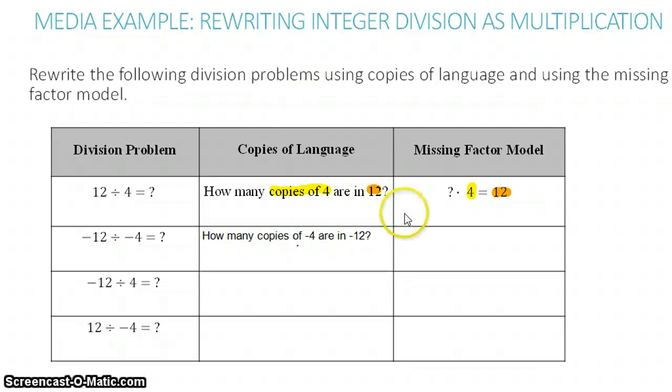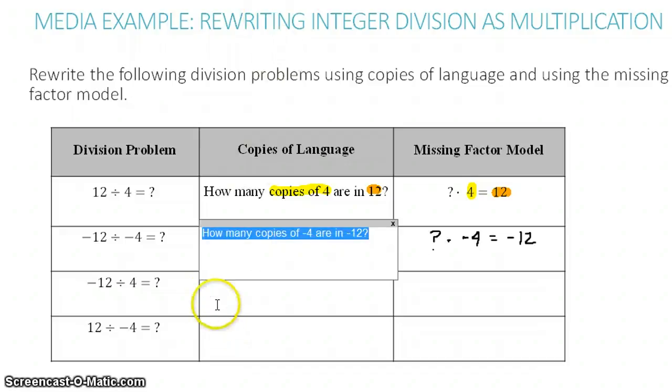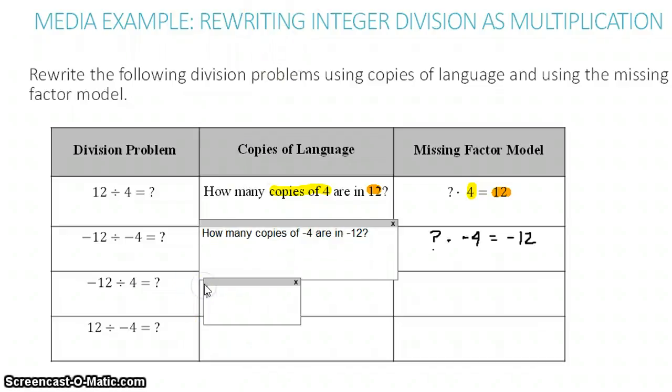And as a missing factor model, it would be how many copies, multiplication, negative 4 equals negative 12. Okay. So this is useful to be able to write division problems as multiplication problems, just as we rewrote addition as subtraction and vice versa. Let's look at the next one.